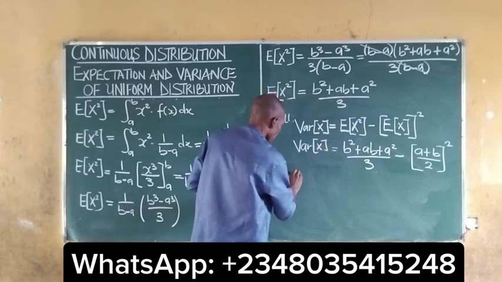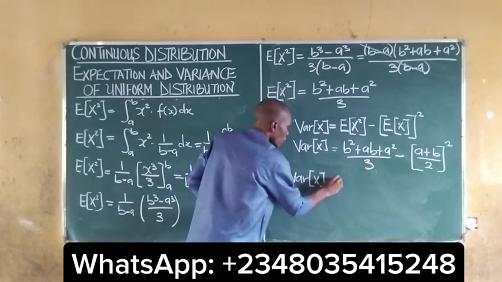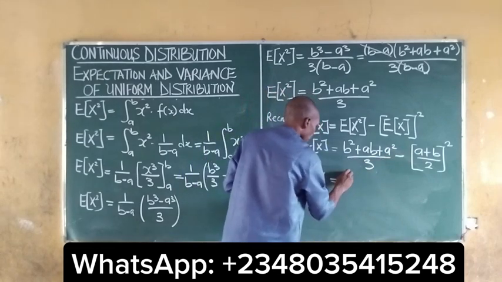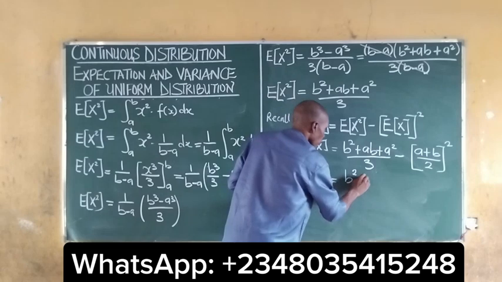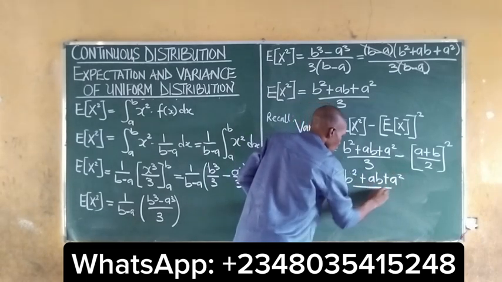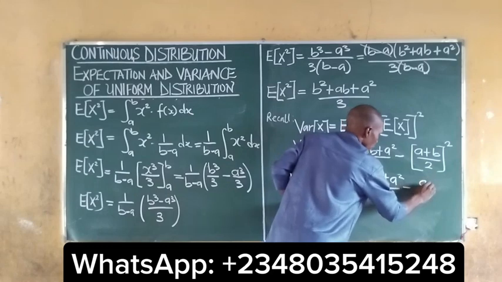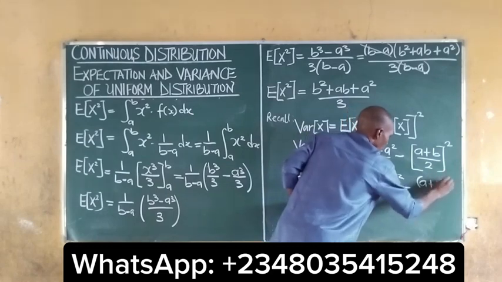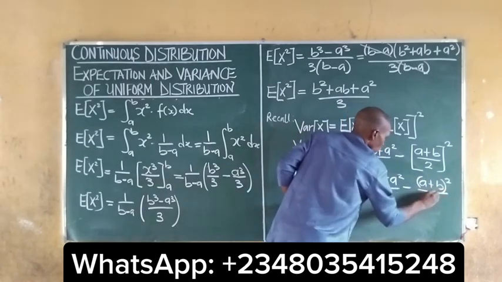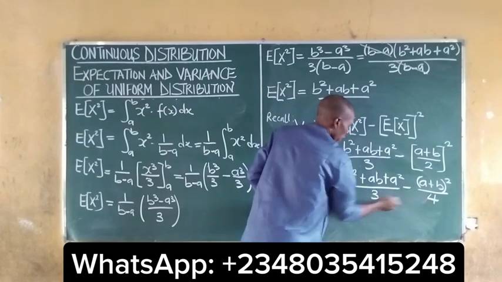So it then means that the variance of x is equal to, we open this bracket, b squared plus ab plus a squared all over 3 minus a plus b raised to the power of 2 all over 4. Of course, we take the LCM of it.